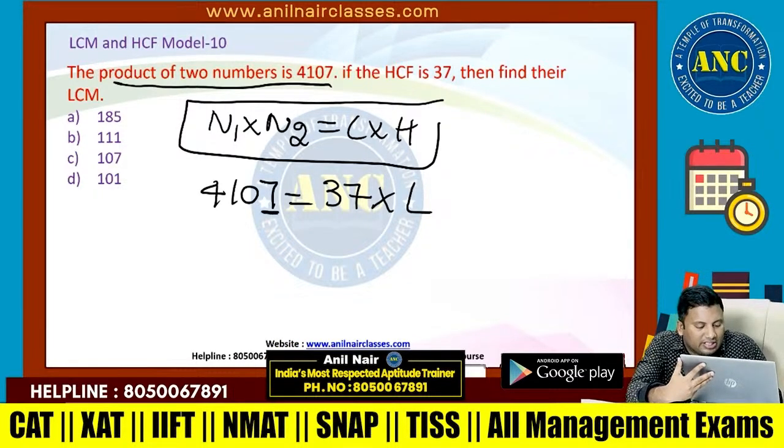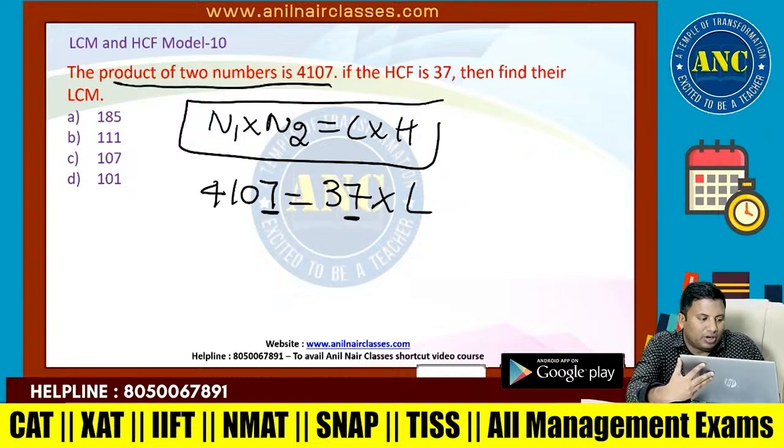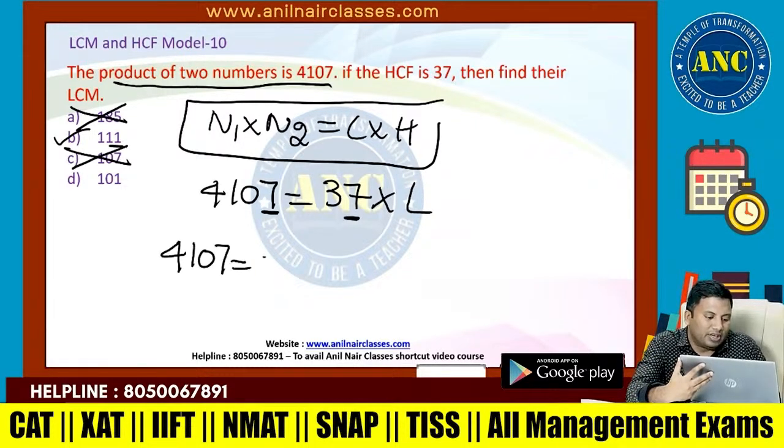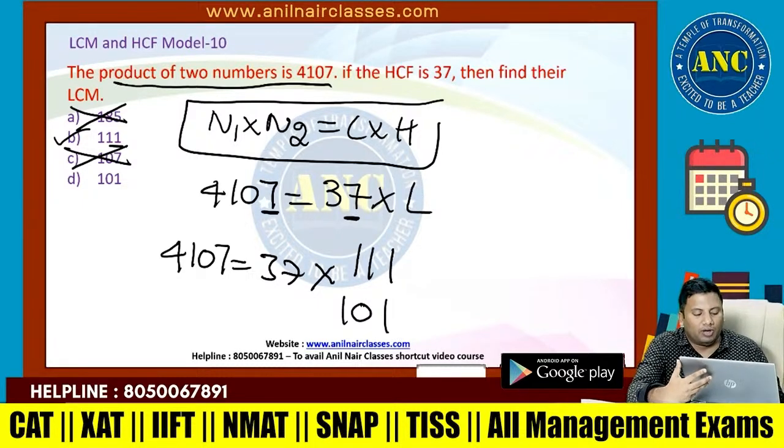The unit digit is 7. It cannot be 5, 7 5s are 35. 7 1s are 7, this is a possibility. 7 7s are 49, this is not a possibility. So there are two possibilities which we got.